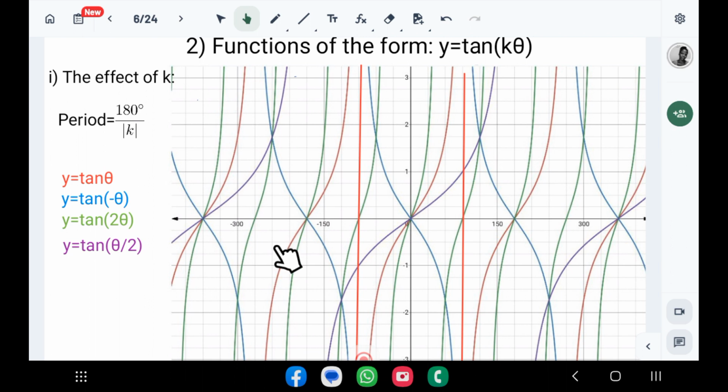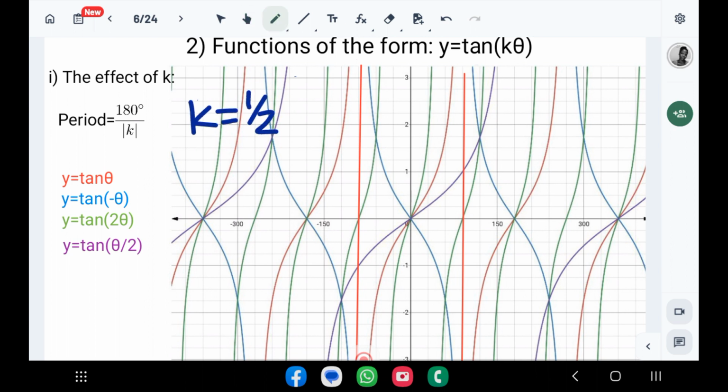So asymptotes basically are minus 90 degrees and 90 degrees, but with the period in check, we have that as negative 90 degrees divided by the absolute value of k, and 90 degrees divided by the absolute value of k. So for your k equals a half or 1 over 2, this is what your asymptotes are going to look like. For the purple graph, we're dealing with the k of a half.